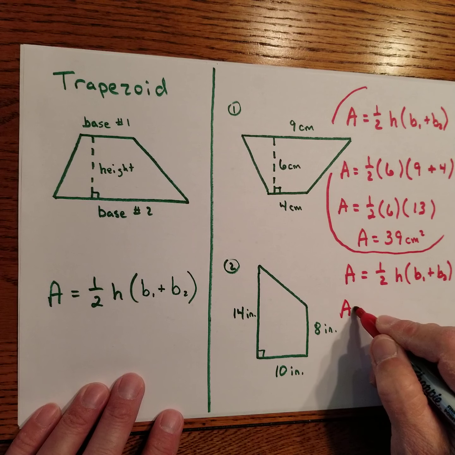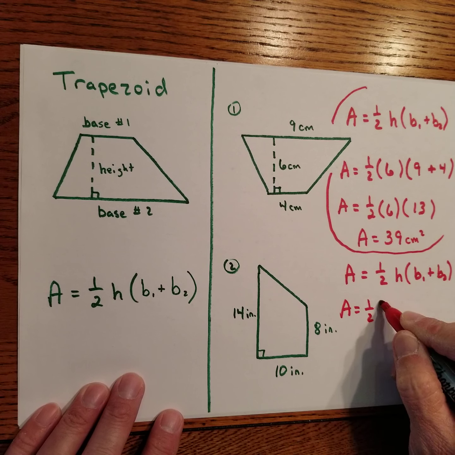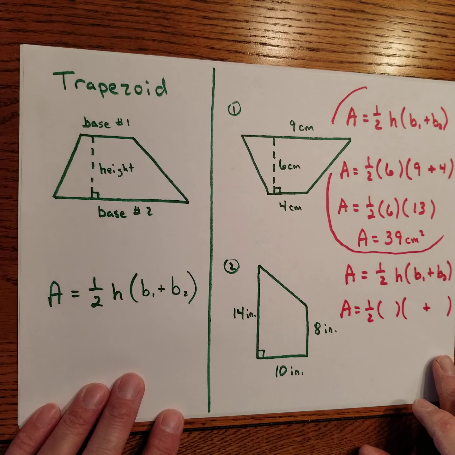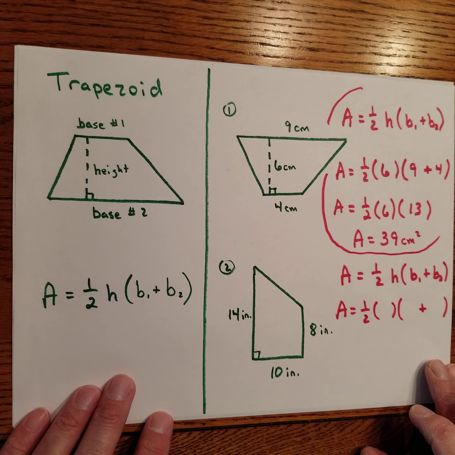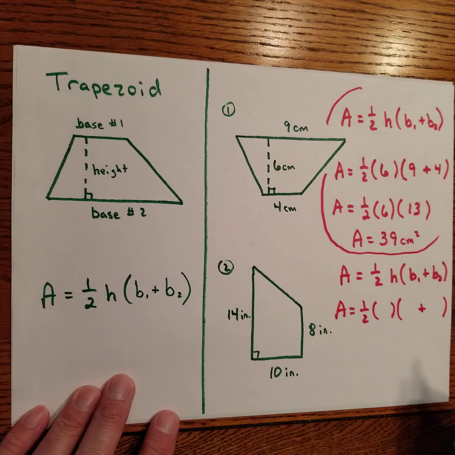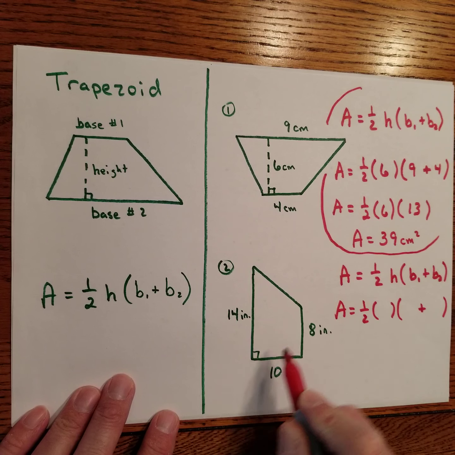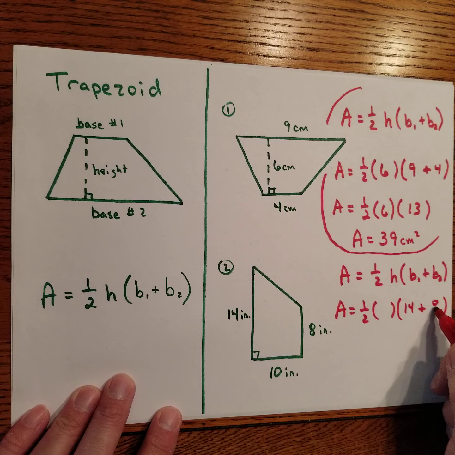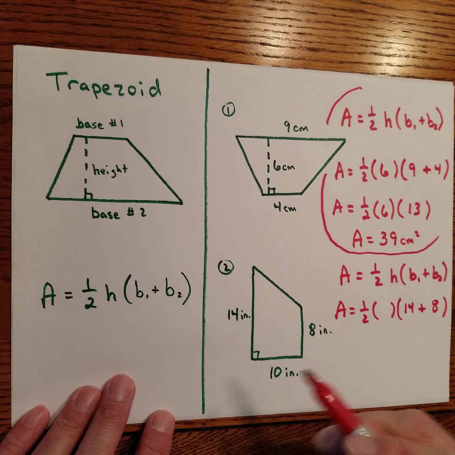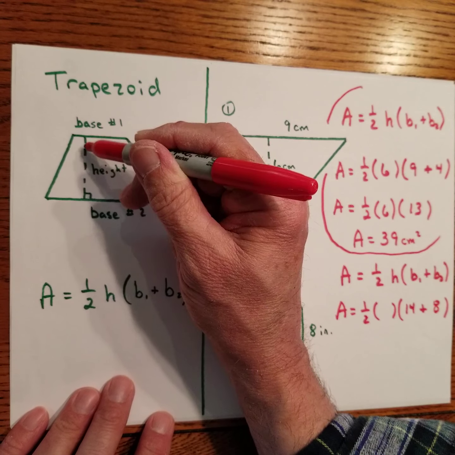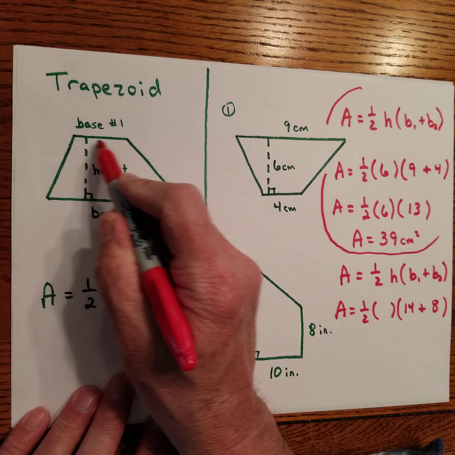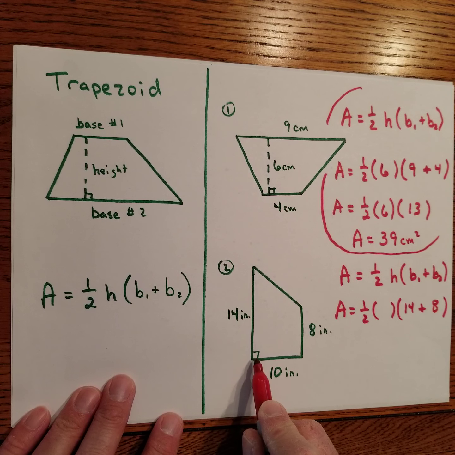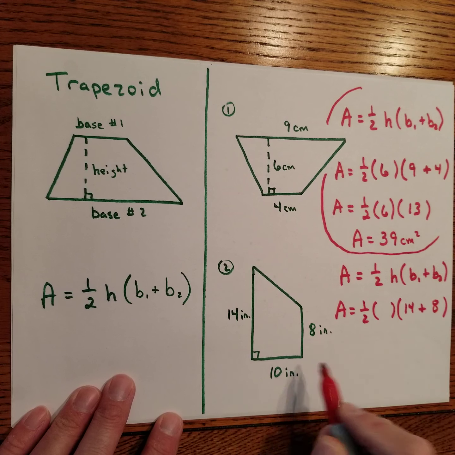Let's plug in. Area is 1/2 height times the sum of the bases. My bases are the 14 and the 8. The height is the line that runs perpendicular between the two bases. Well, this 10 is perpendicular between the two bases.